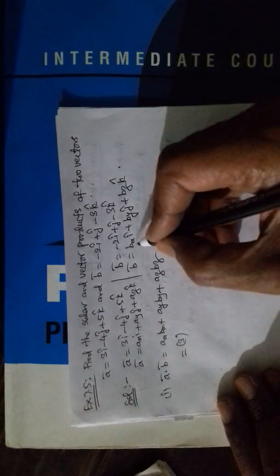First, scalar product a dot b is equal to ax bx plus ay by plus az bz. ax is 3, bx is minus 2, ay is minus 4, by is 1, az is 5, bz is minus 3, so minus 6, minus 4, minus 15, minus 25.